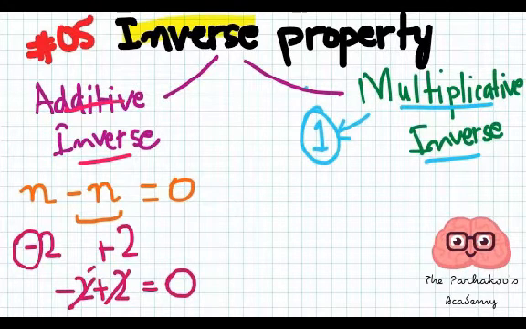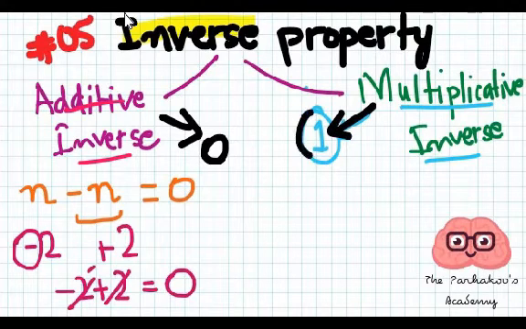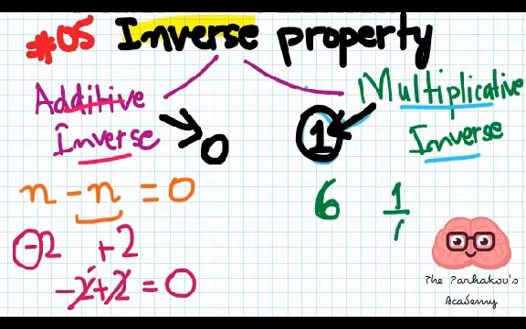Remember, in additive inverse, it yields 0, and the multiplicative inverse yields 1. How? Let's see. Let's suppose an example, 6. The multiplicative inverse of 6 is 1 upon 6.